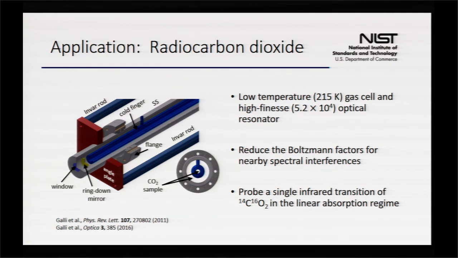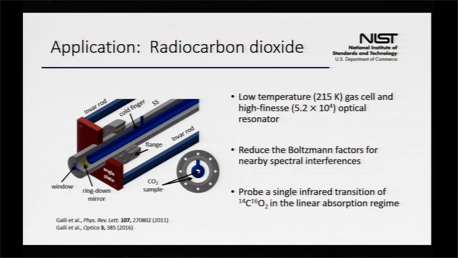One application where we've built an instrument: I've talked a lot about C13, and I also want to introduce C14 here. We built an optical instrument for measuring absolute number densities of C14, radiocarbon dioxide. We did that by building a really low temperature cavity ring down instrument. That reduces the Boltzmann factors of all the interfering lines nearby and lets us look at a select C14 transition, which we probed in the mid-infrared.